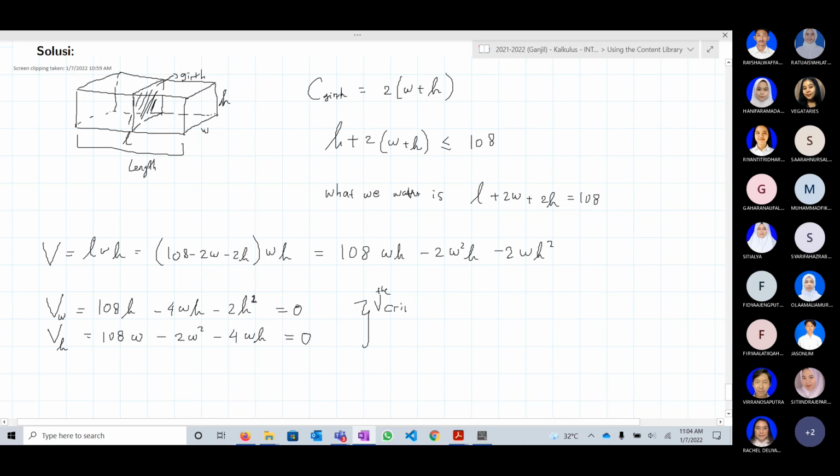The critical points are (0, 0), (54, 0), (0, 54), and (18, 18).